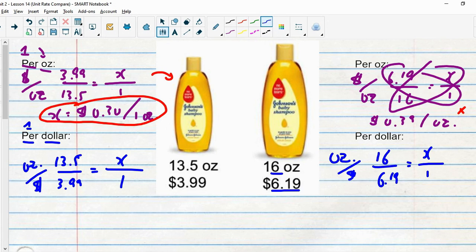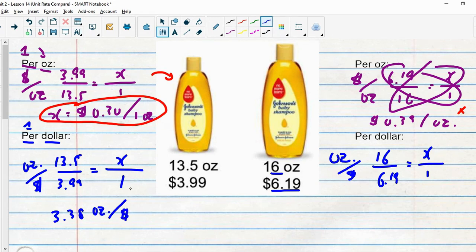All right, so let's do the math. So I cross multiply and divide. What is that? 13.5 divided by 3.99. That's 3.38. So this is 3.38 ounces for every dollar. Okay, so $1.